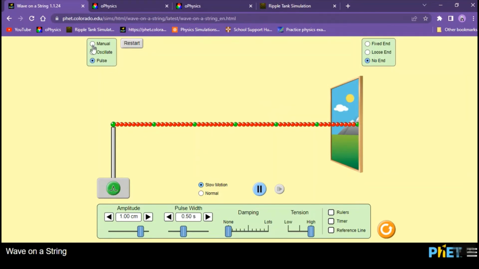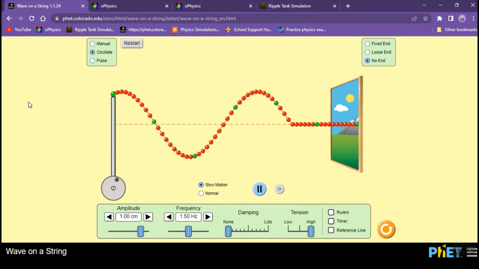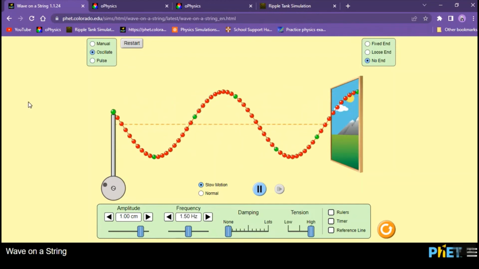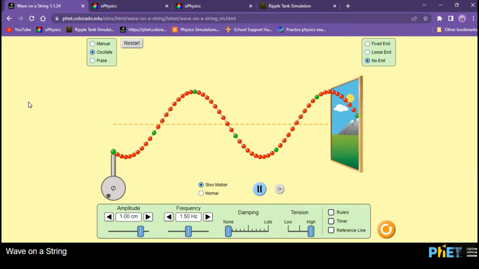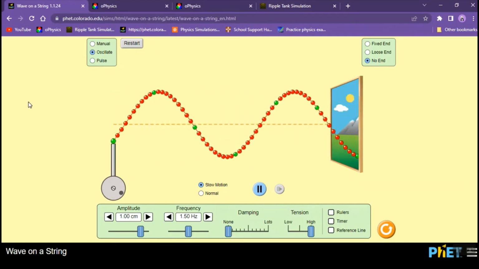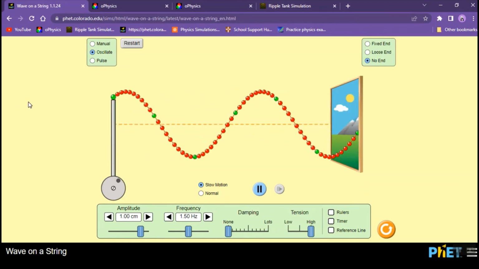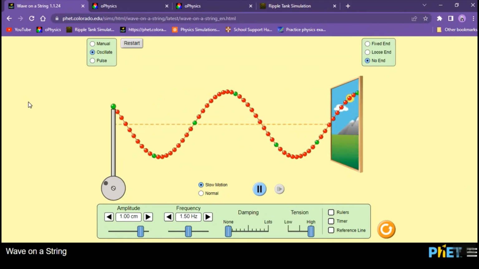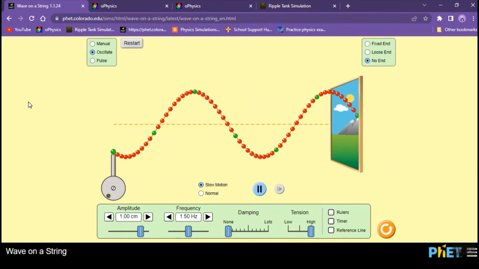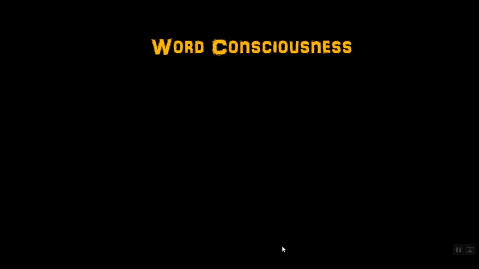Now next I'm going to show you a wave. A wave is a continuous rhythmic disturbance of the medium, and now we can see that the medium transfers this energy from left to right. So let's just go through those words again.